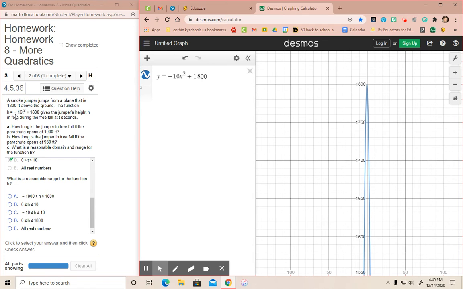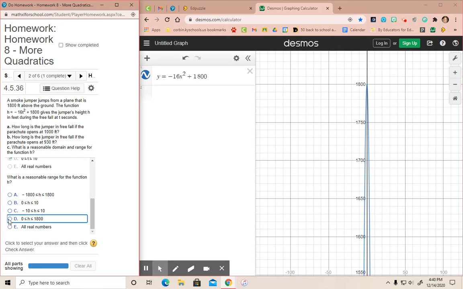You can also think about it if it's negative, our parabola is opening down, and so the vertex is our maximum, it's our highest point, so that 1800 is our range. And again, if we're thinking about the scenario, we're talking about from the ground up. So we can't go into the negatives because you're not going to go below the ground, right?